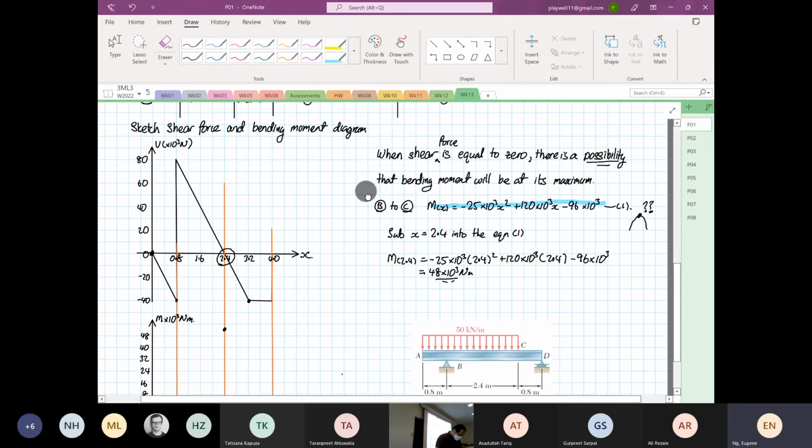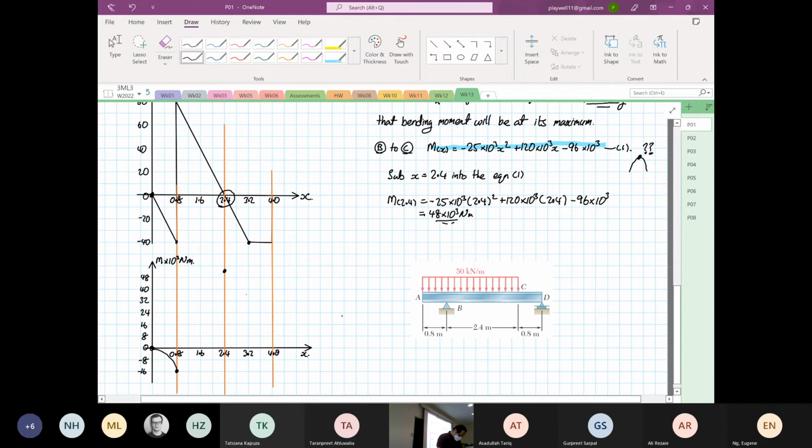Okay. So I'm going to put in 32. Why do I do that? Now we can sketch our curve. We know where the maximum point is. We know where the starting point is. We know where the ending point is.